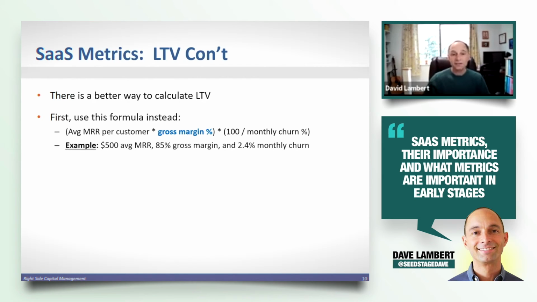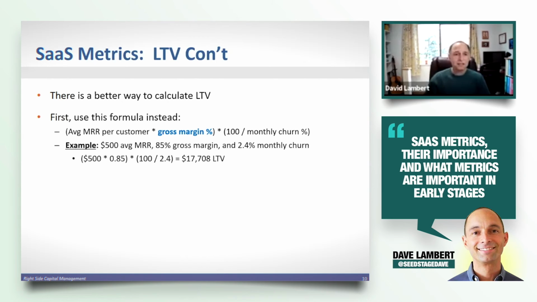So let's do this again. For the same customer or company, we've got $500 of average MRR, and we have 85% gross margins, which is pretty standard for a software business, and the same 2.4% churn. And if we use this formula, we can see our LTV is a little under 18,000 instead of being a little under 21,000. That's more accurate.